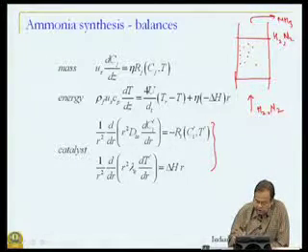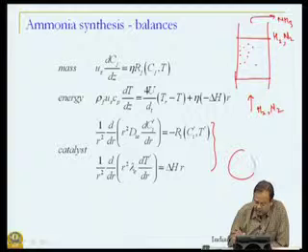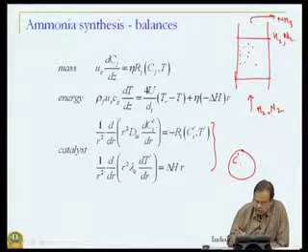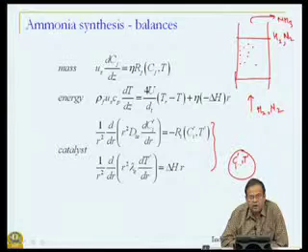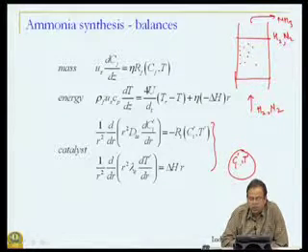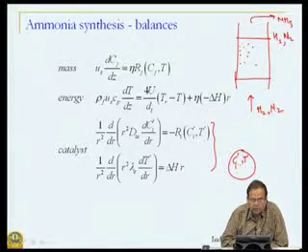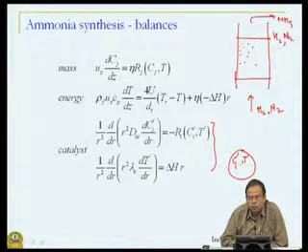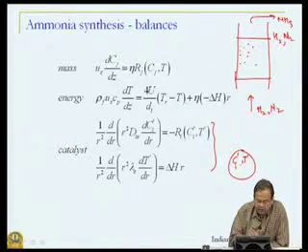So, first I have to set up the mass balance equations for the catalyst. So, if we say that this is my catalyst and concentration inside is C prime, temperature is T prime, and we have several components. So, Ci prime is the concentration of components such as hydrogen, nitrogen, ammonia inside the catalyst pellet. T prime is the temperature, and what is happening?